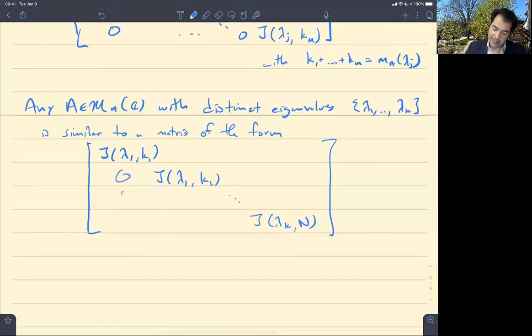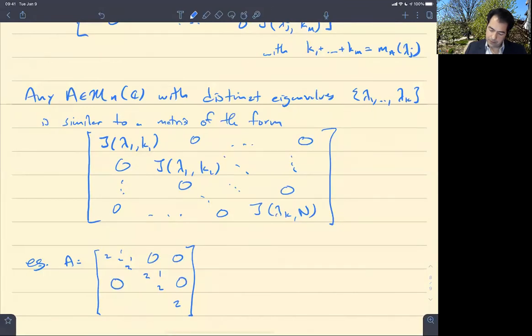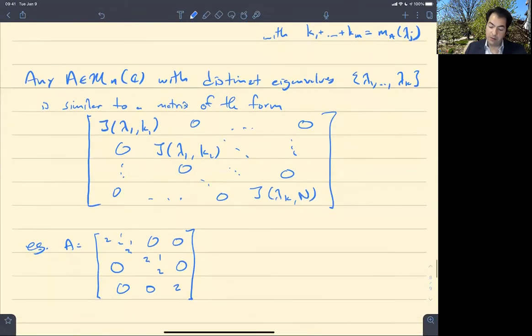And this is block diagonal, everything else is 0. Notice that you might be repeating, right? So you might have 2, 2, 2, 1, 1 as one of your Jordan blocks, then 2, 1, 2, and then 2. So you might have a matrix like that.